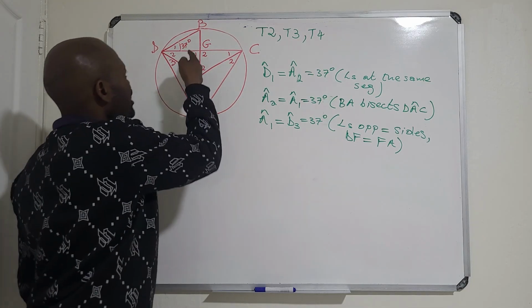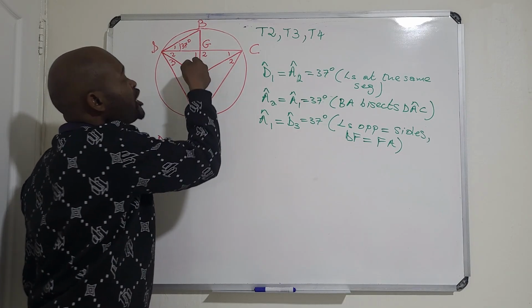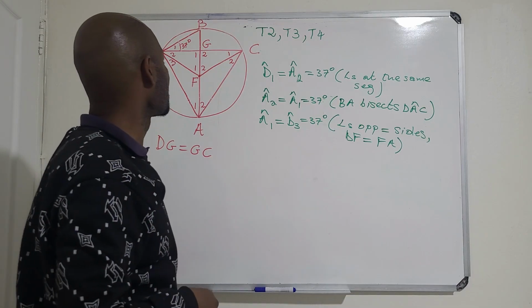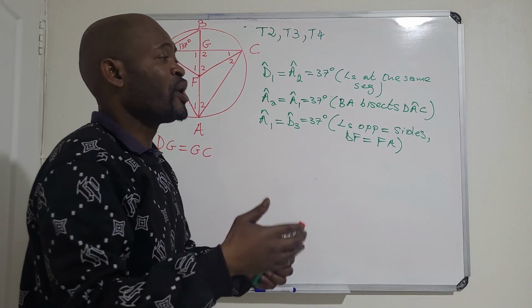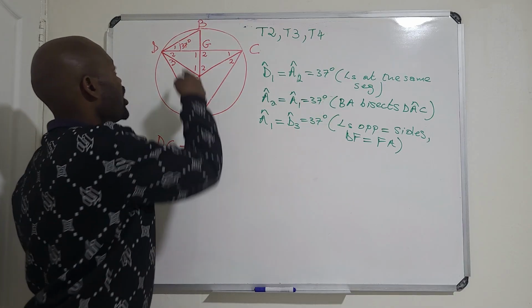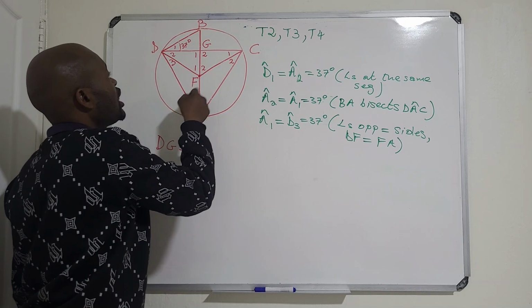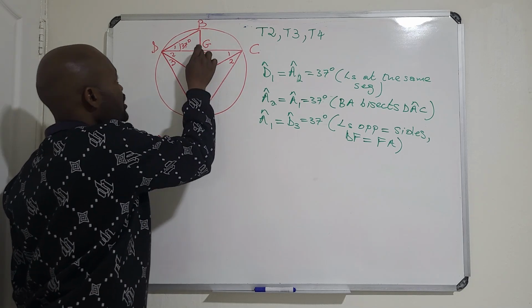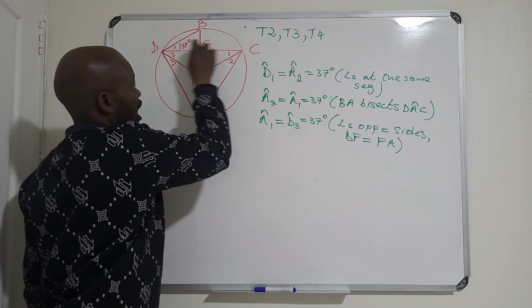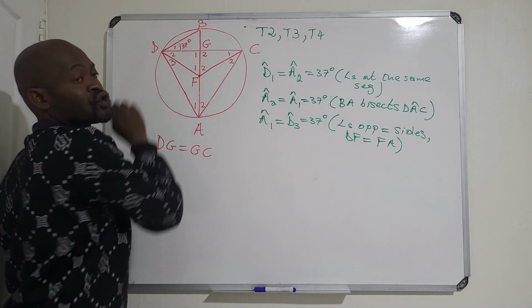So if we can find that G1 or G2 is equals to 90 degrees, then we got the converse of theorem number 1. Then we will know that this is perpendicular. And if this is perpendicular, it means that this line bisects this line. Therefore, this is equals to that.